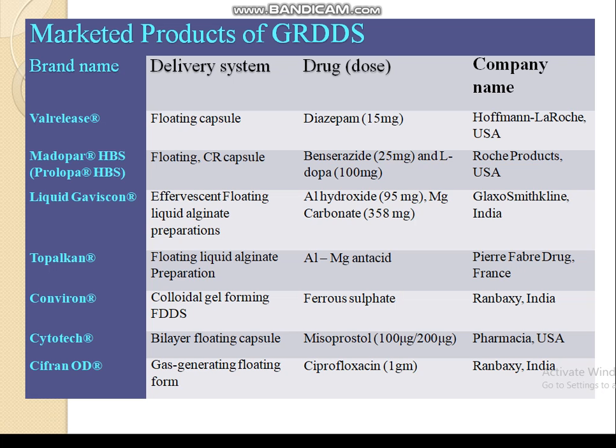These are some marketed products for gastroretentive drug delivery systems which are already present in the market, like Valrelease. The drug delivery system is a floating capsule. The drug is diazepam. It is manufactured in the USA. Here you can see several other examples are also given.